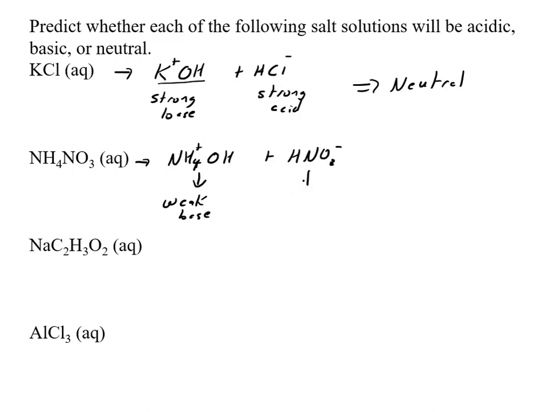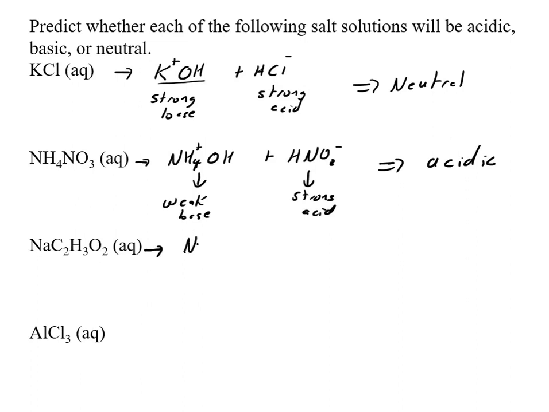The nitric acid is a strong acid, and so this is acidic. Okay. And I tend to write these things such that the cation's always first and the anion's always second, so therefore the base is first and the acid second. If you always want to do it that way, that's fine. It doesn't have to be done that way.